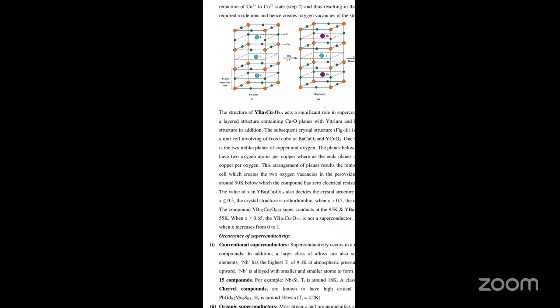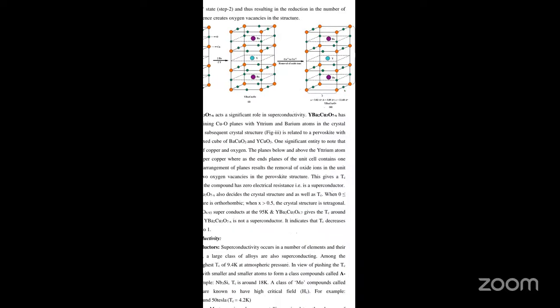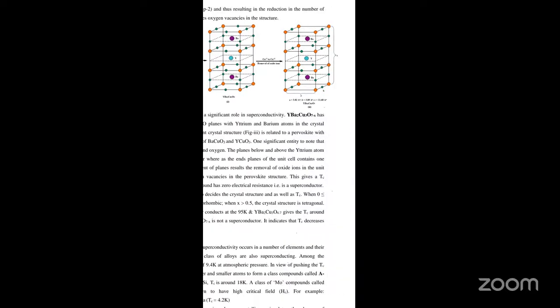By connecting all these three, we get one crystal structure. From that, two yttriums are replaced with bariums, and after that, copper is reduced and the number of oxygens is reduced. Finally, we get a crystal structure with fewer oxygen atoms containing one yttrium, two bariums, and three coppers. That is the final crystal structure.